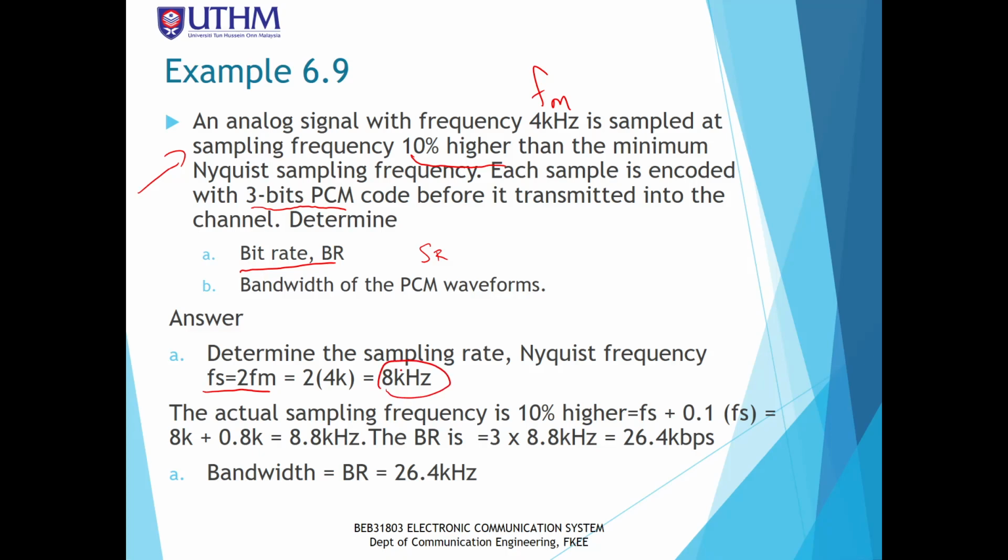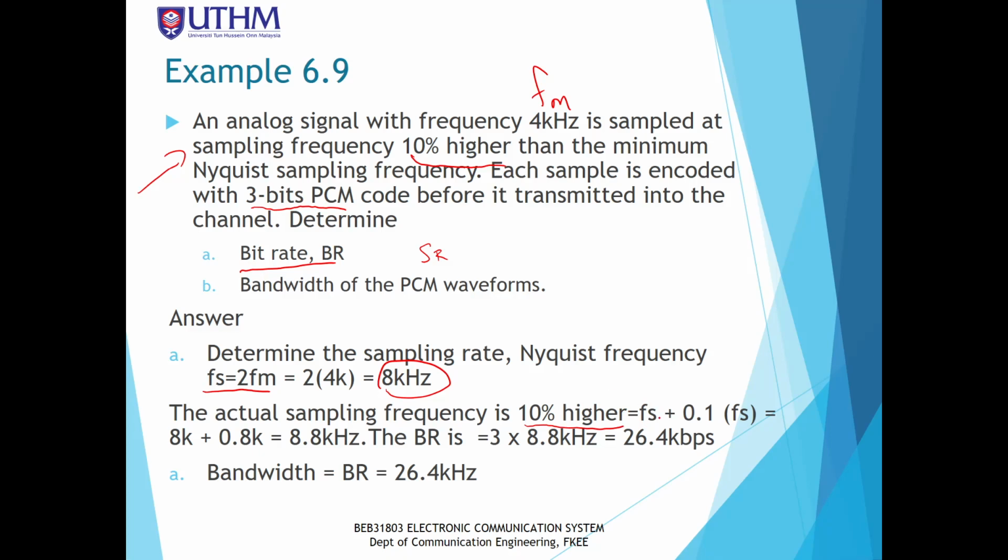But the question said that we are actually sampling 10 times higher. So how much is the new Fs? How much is the sampling frequency that we use in this process? The actual sampling frequency is 10 times higher than the Nyquist rate.